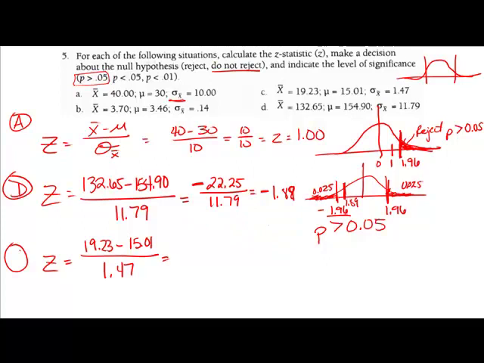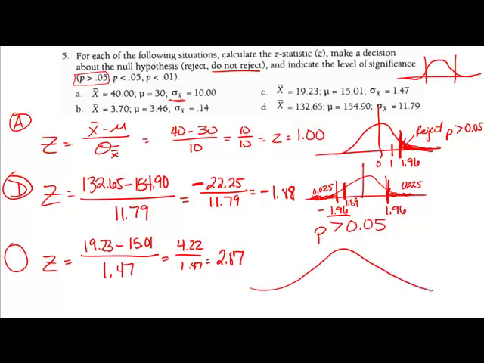Let's let our calculators do the math. 19.23 minus 15.01 is 4.22, divided by 1.47, and that equals 2.8707. Okay, 2.87.